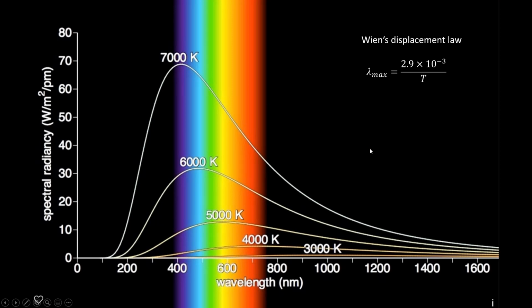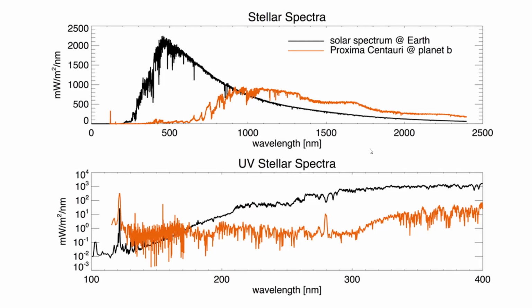So now we can apply this to stars. Here is the stellar spectra measured by astronomers of our star in black, and then another one for a nearby star, Proxima Centauri, about 4 light years away, and that's the brown curve here. So these two curves approximate a black body.